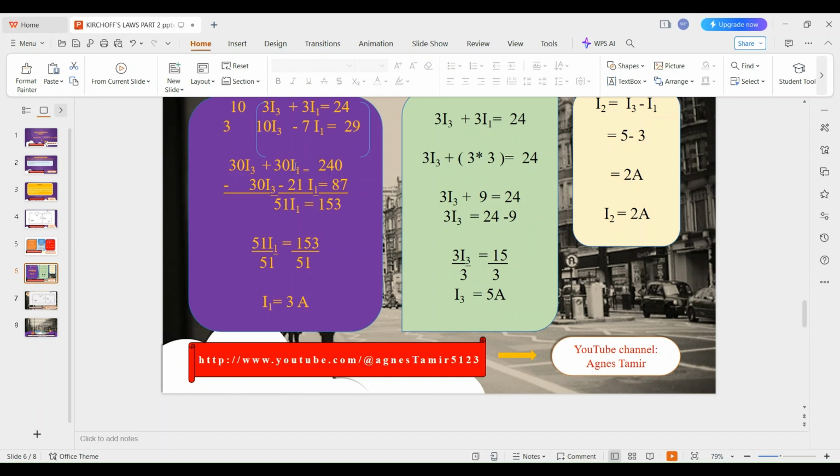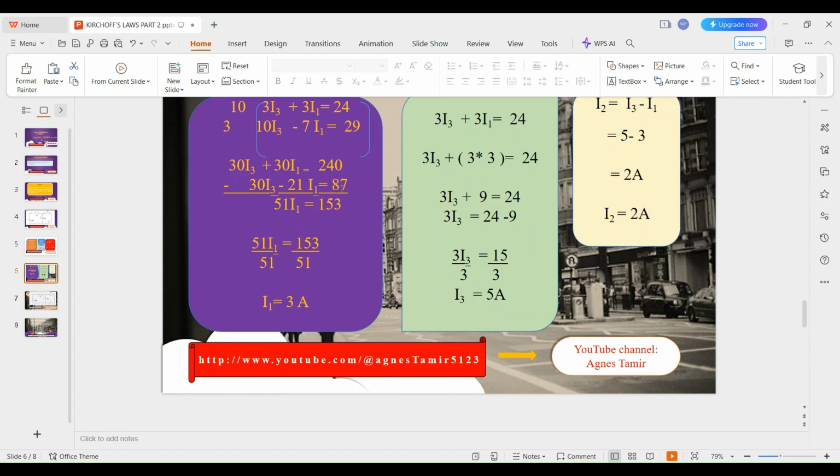So we have positive 30 I1 minus negative 21 I1. Remember, when a minus sign is followed by a minus sign, it becomes addition. Therefore, I will have positive 30 I1 plus 21 I1, and this will give me 51 I1 is equal to 240 minus 87.